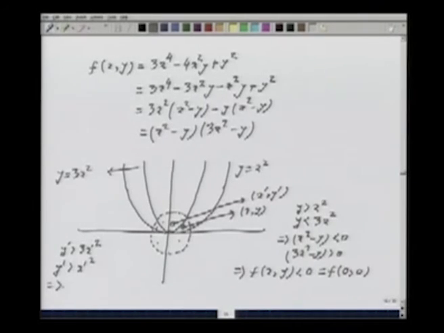This implies 3x prime square minus y prime is less than 0 and x prime square minus y prime is less than 0. This together would imply that f of xy now is positive, bigger than 0, but that is f at 0, 0. Okay. That means whatever disk I choose, I get another point x prime y prime where f of x prime y prime is bigger than f of 0, 0.